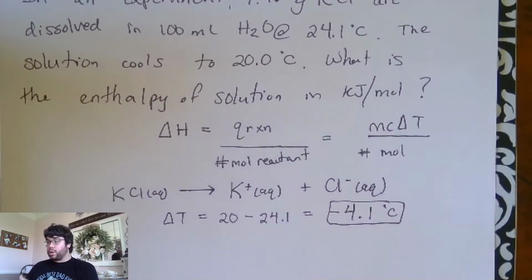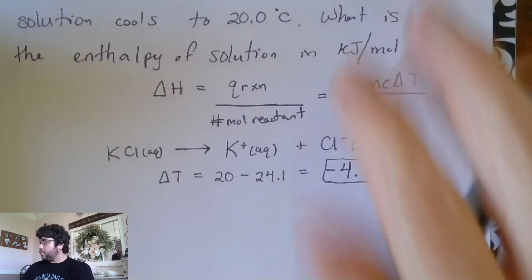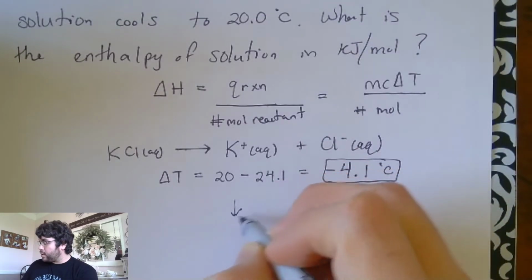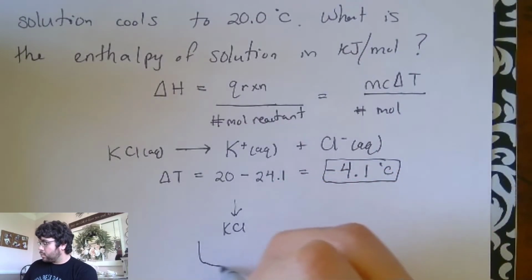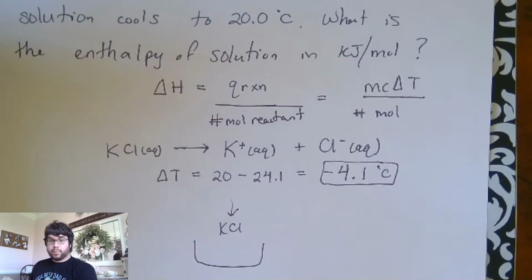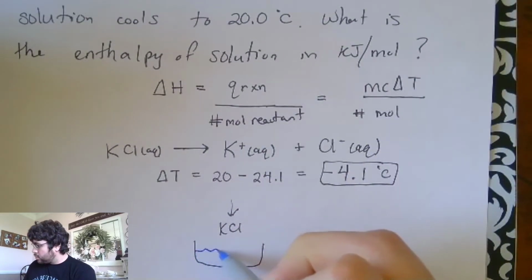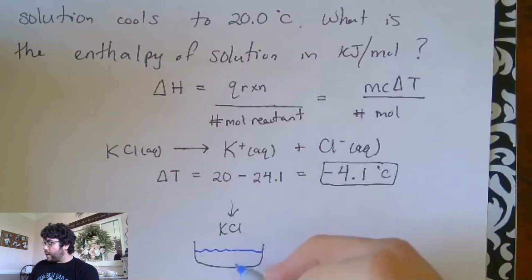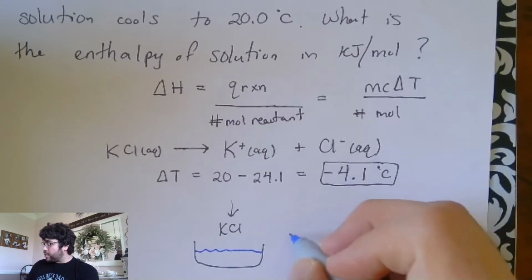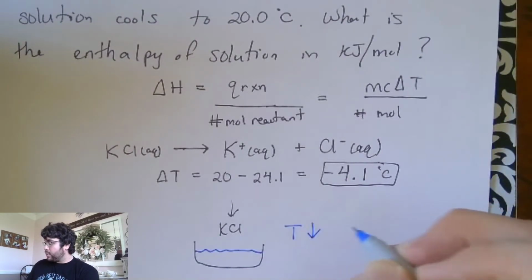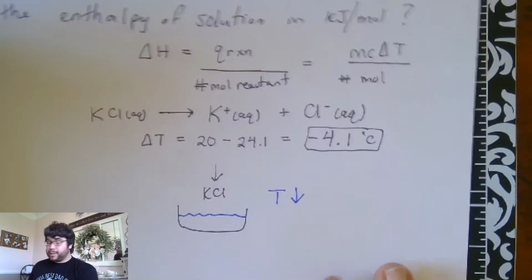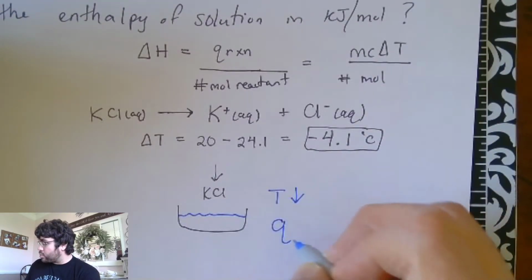But what I do know is that when the potassium chloride went into water, I know that the temperature went down. And I need to remember, this is a big deal here, that this is true always.